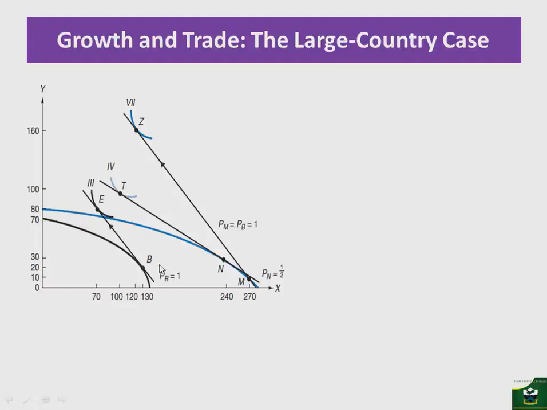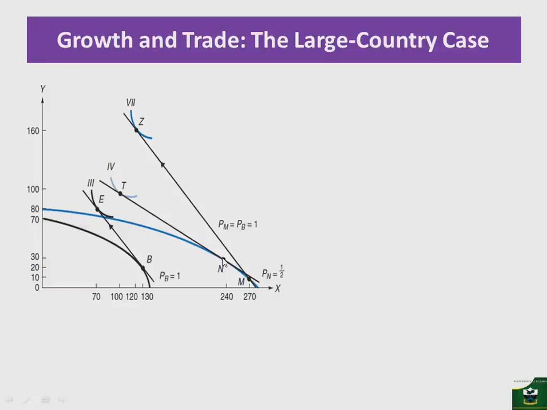And if we assume that there is growth, and after growth the terms of trade deteriorate, then the nation will produce at point N as opposed to producing at point M if the terms of trade had not deteriorated. Now recall that what is causing the terms of trade to deteriorate is the production of the exportables and the importables.